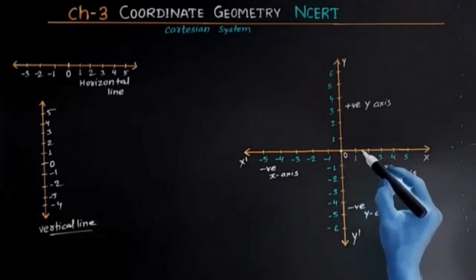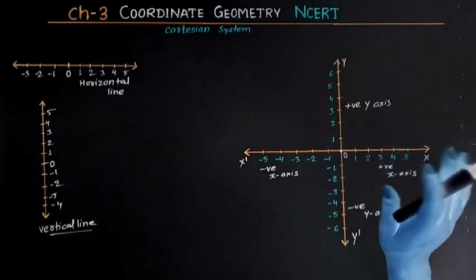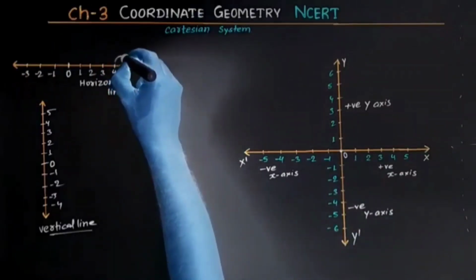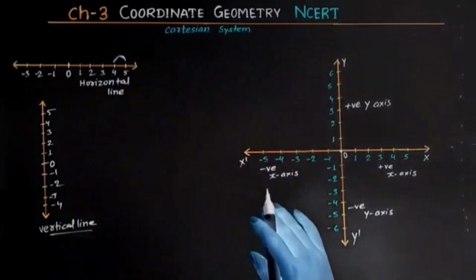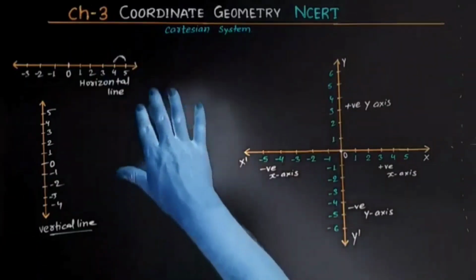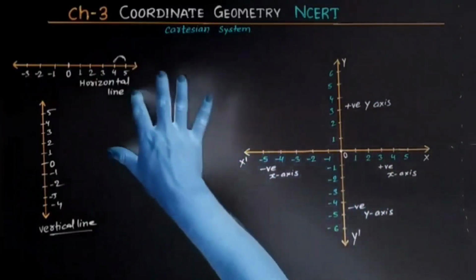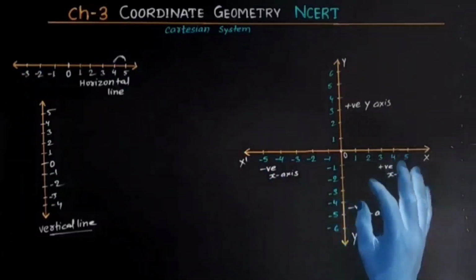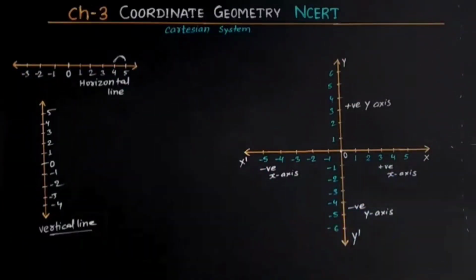OY is positive y, OX is positive x-axis, OY dash is negative y-axis, while OX dash is negative x-axis. In this way you can prepare a coordinate plane. It is also known as the Cartesian plane.